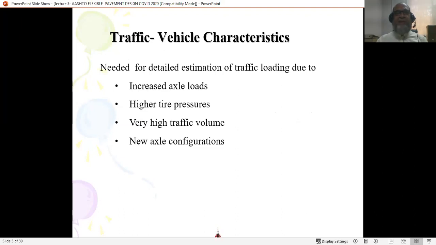Actually, these new axle configurations are coming to accommodate higher load on the vehicle without compromising the weight characteristics of the vehicle.